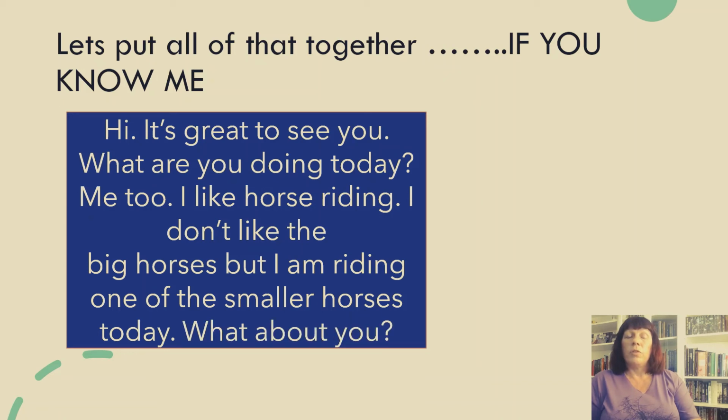What about you? So if I met somebody who liked horse riding and I could say, oh, I like horse riding. I don't like and I do like. So when I'm talking to somebody I know, I might change the way in which I put those sentences together. So practice the difference between how you might speak to somebody you know and how you might speak to somebody you don't know.